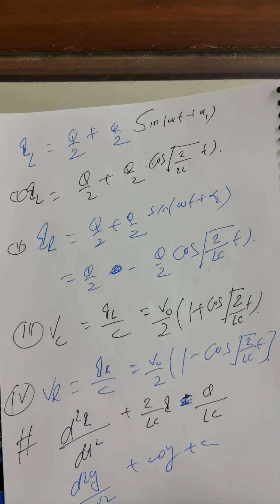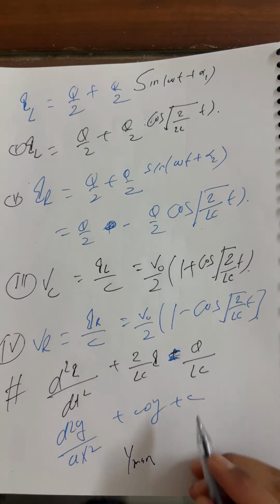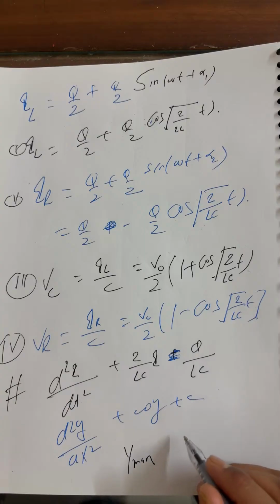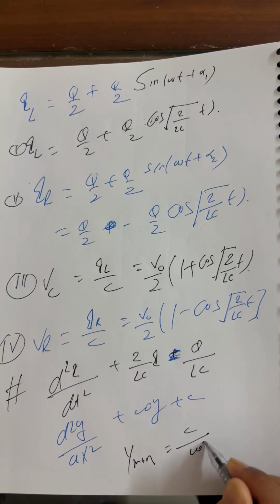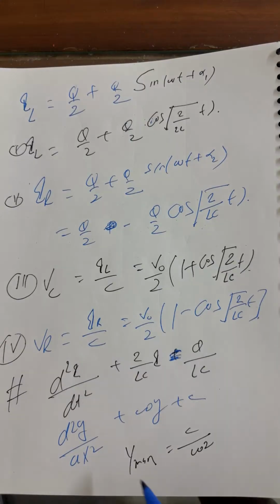Beta, we have to find it at mean position. So at mean position, you can write c upon omega square. So finally we have to find what's the charge. So the charge at a mean position, I'm going to write here finally.